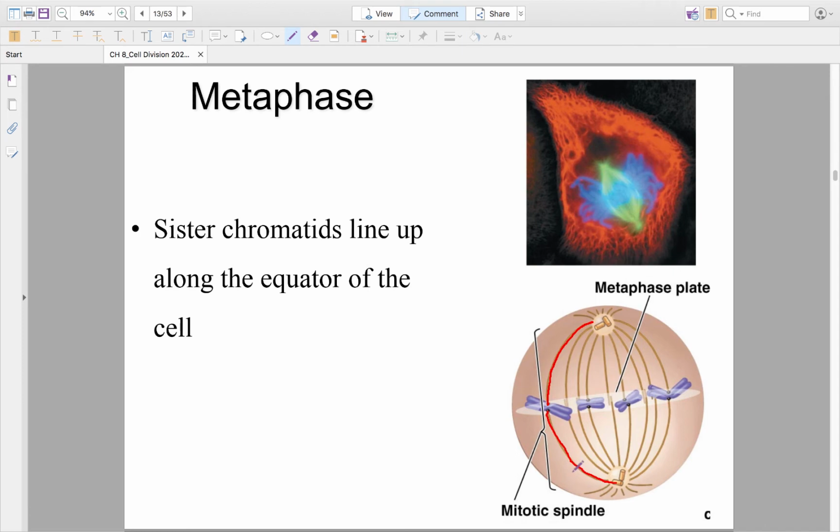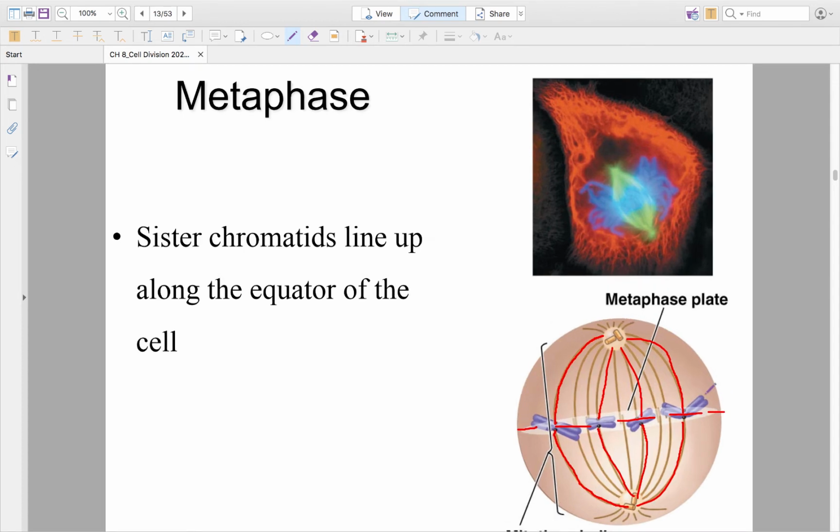And that goes for all the chromosomes. They have full control over the chromosomes right now. These are technically sister chromatids. And what they're going to do is push and pull and move and align all of the sister chromatids at the equator of the cell.